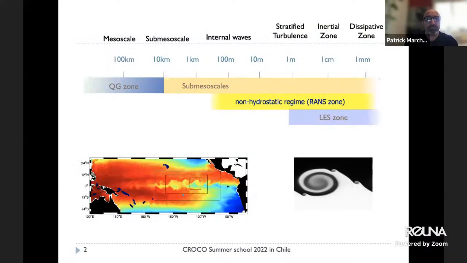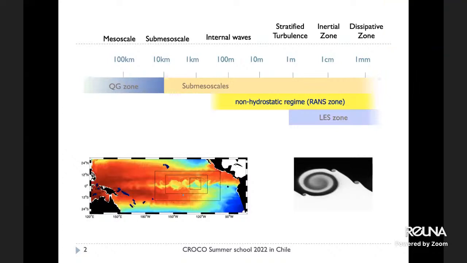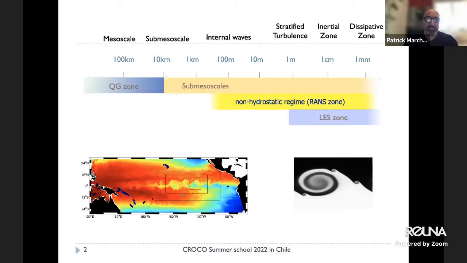So maybe to introduce this presentation, we can look at a spectrum of the different processes that we see in the ocean. So you see on top a spectrum that goes from the large scales to the mesoscale, sub-mesoscale, etc. And in general, with our regional coastal models, we tend to model the mesoscales and some of the sub-mesoscales with resolution that are about 1 kilometer or less, maybe a few hundred meters.